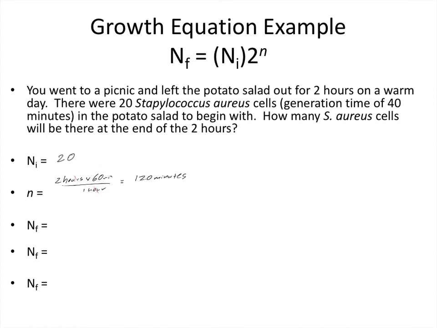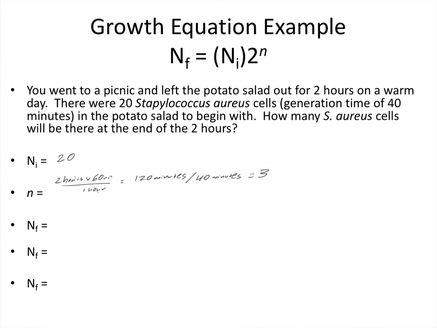So we have 120 minutes divided by the generation time. The generation time is 40 minutes. So our little n equals 3. That's how you figure out little n.